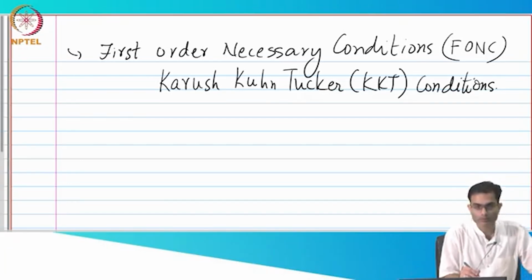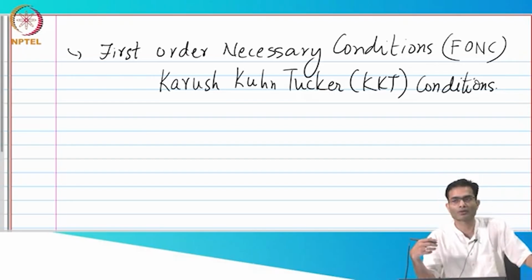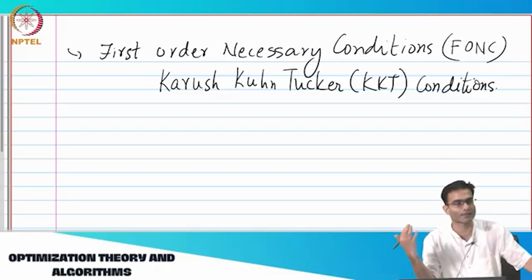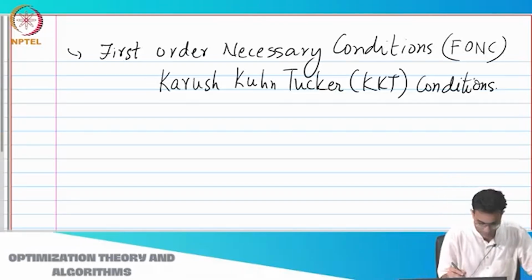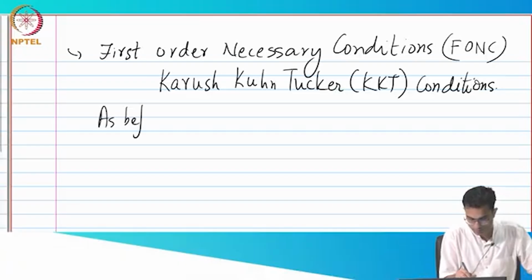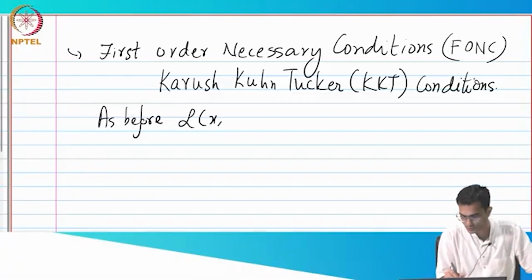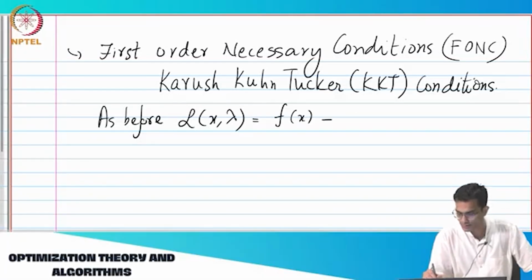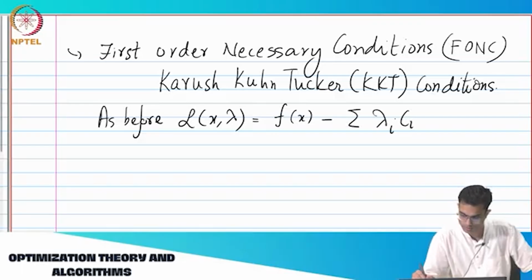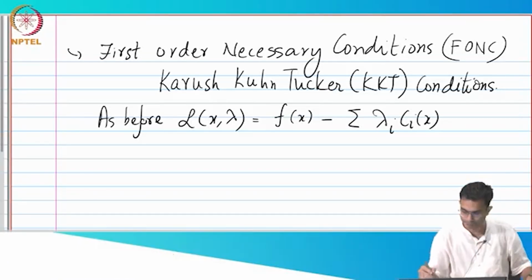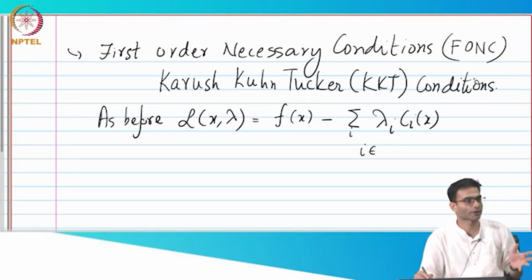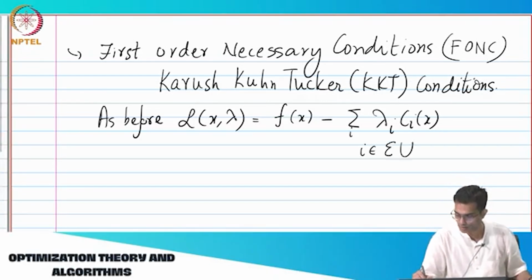So to start our discussion of constraint optimization, the tool that we have discovered is the Lagrangian, right? The Lagrangian is going to be as before. The Lagrangian is a function of x and lambda, simply written as f(x) minus the sum of lambda_i c_i(x), where i belongs to both the equalities and inequalities.